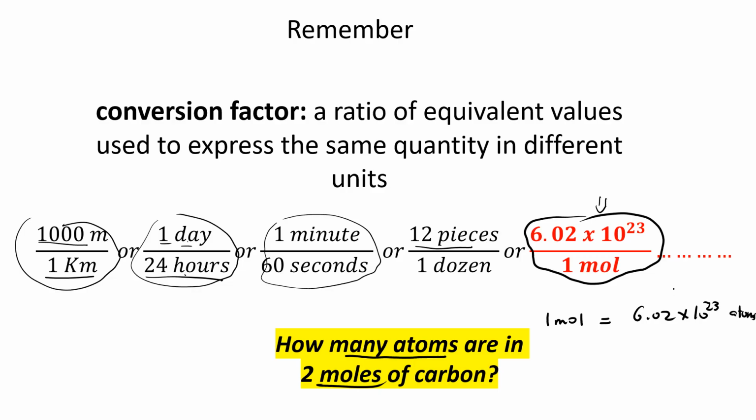This is what we know, we must have memorized it, right? What does it say? It says if you have 2 moles, how many atoms will you have? So we do cross multiplication, multiply by this, okay? And then divide.